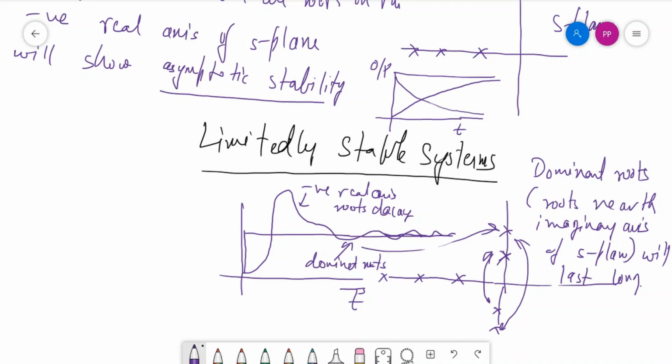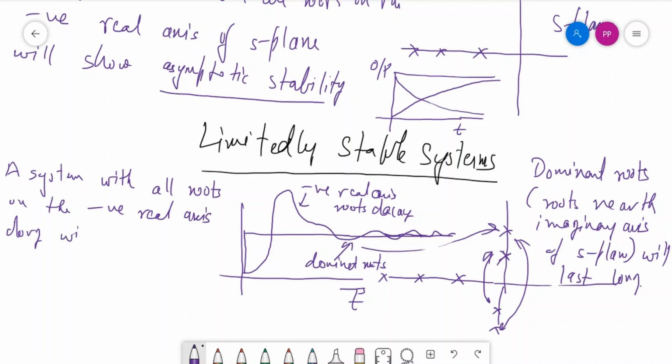So in case of limitedly stable systems, we can say that a system with all roots on the negative real axis, along with non-repeated roots on the j omega axis of the S-plane, will be limitedly stable.